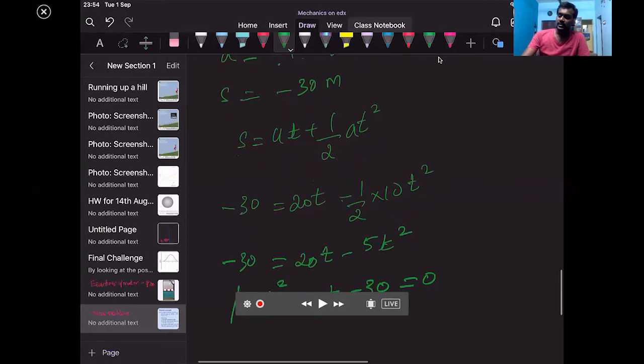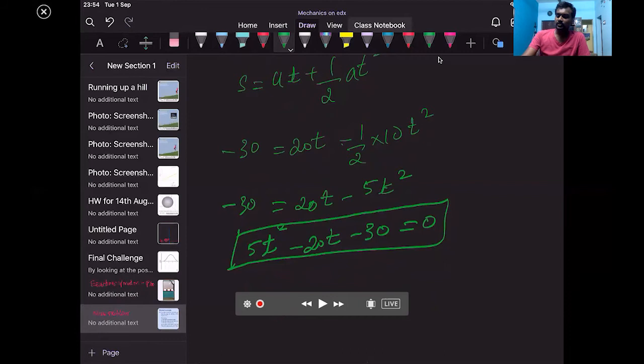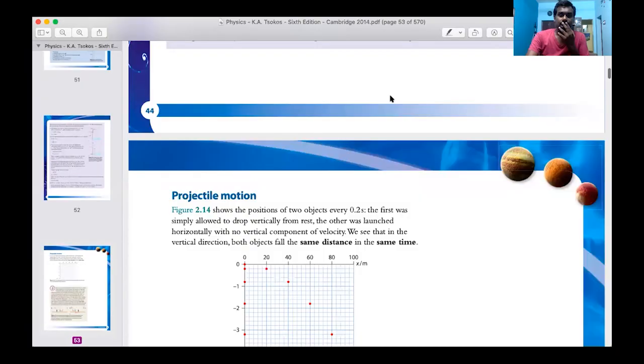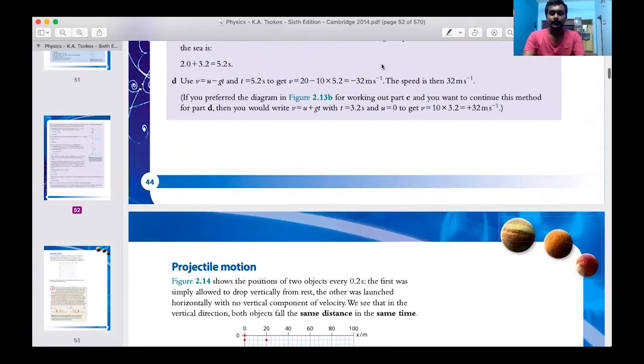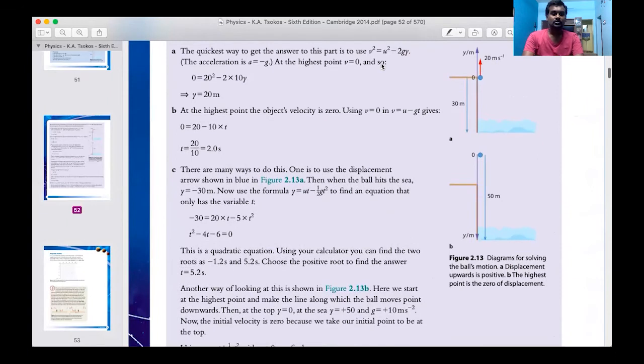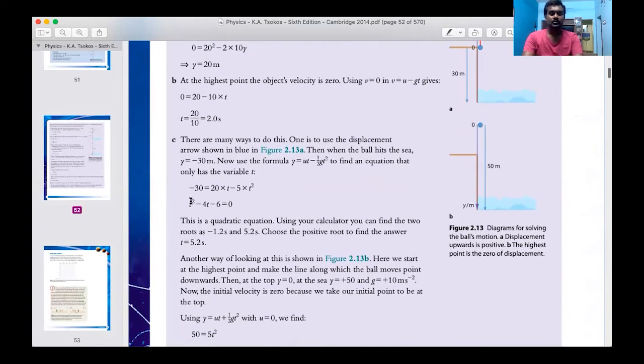So this is a quadratic equation, right? And if you solve the equation, you must get the answer. Let me share the textbook with you guys so that you can see it. So that's the equation.